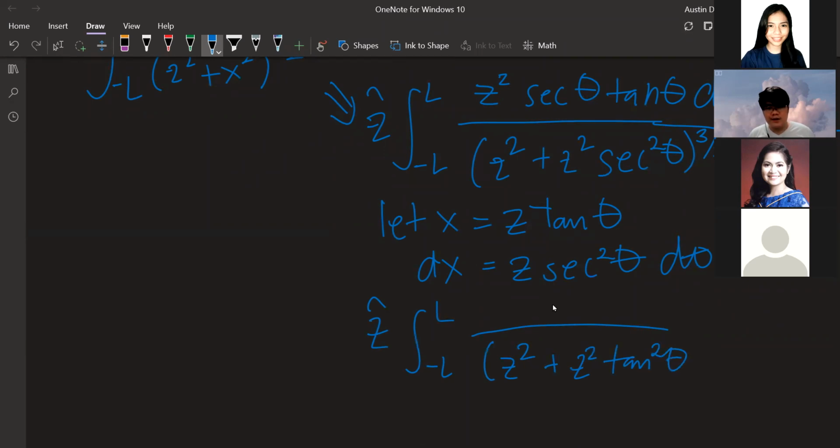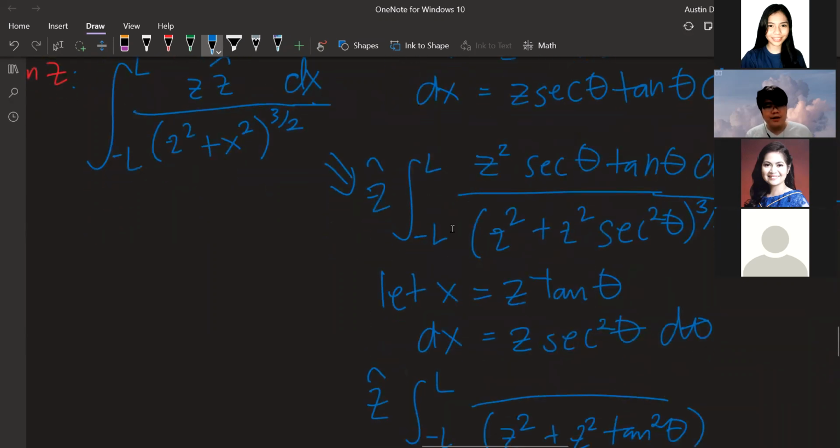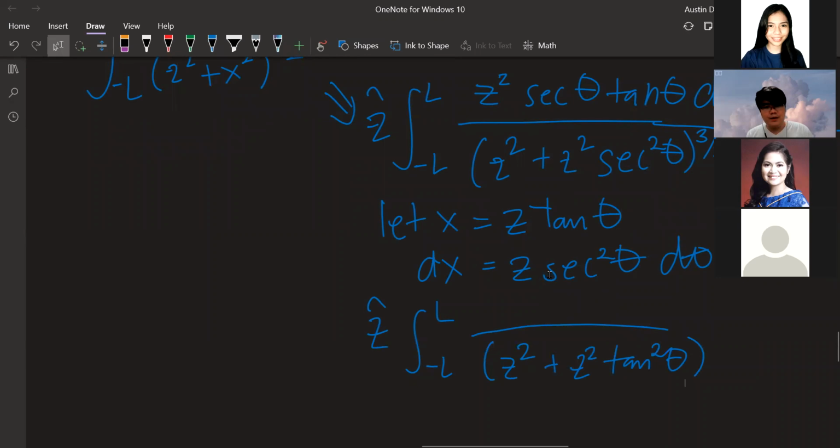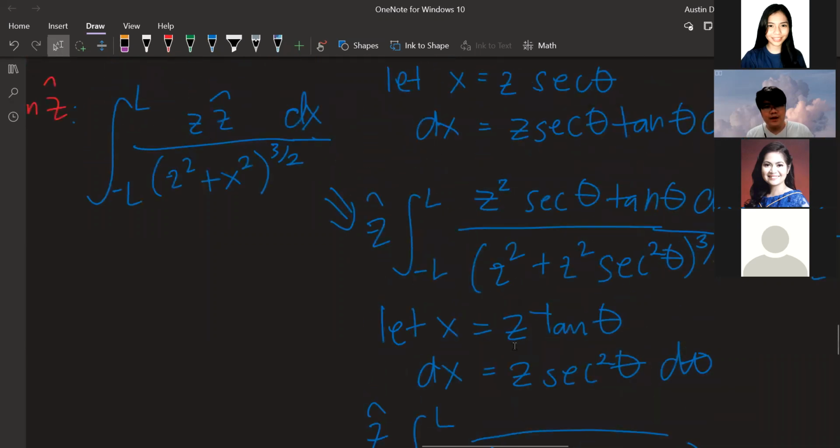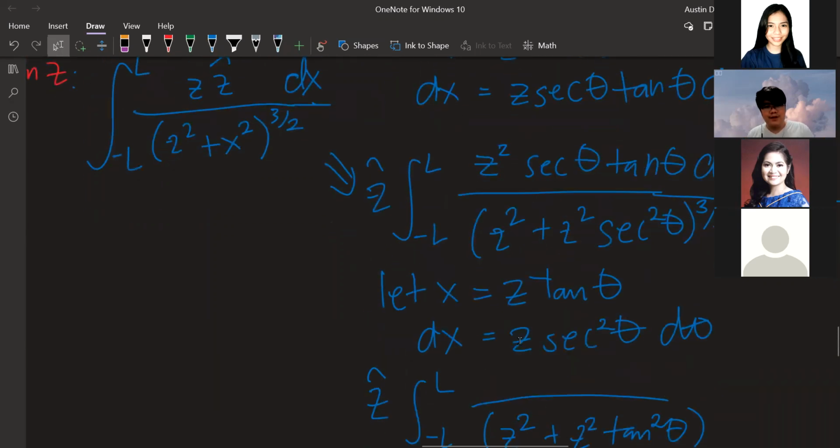And then numerator mo will become z squared, kasi may z pa kanina. Z squared then secant squared theta d theta.